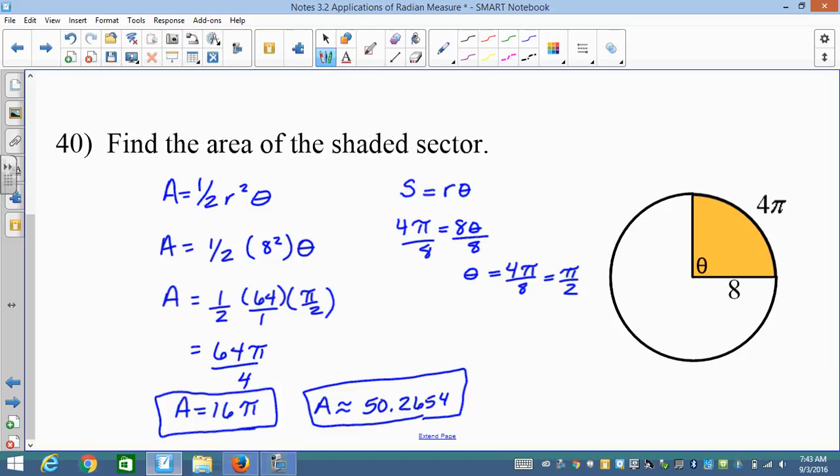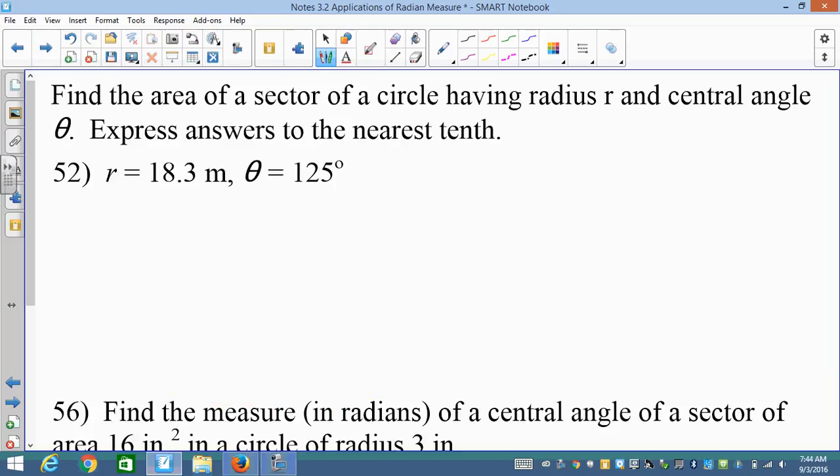So, this is not preferred. You should only use this if they ask you to put it in decimal form. And they won't say put this in decimal form, they'll say round. Express answers to the nearest tenth. So you are going to multiply by pi if it's in there.